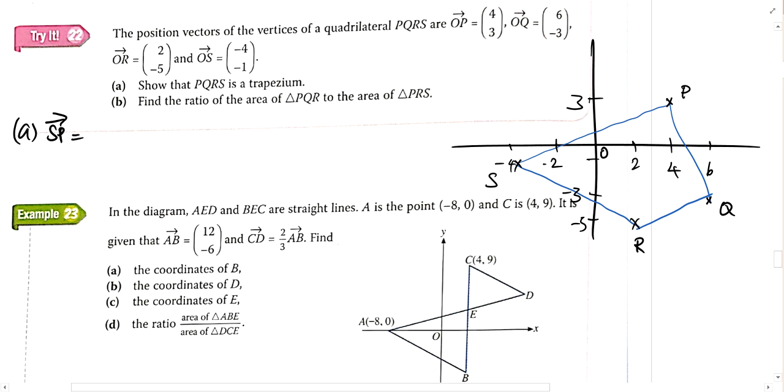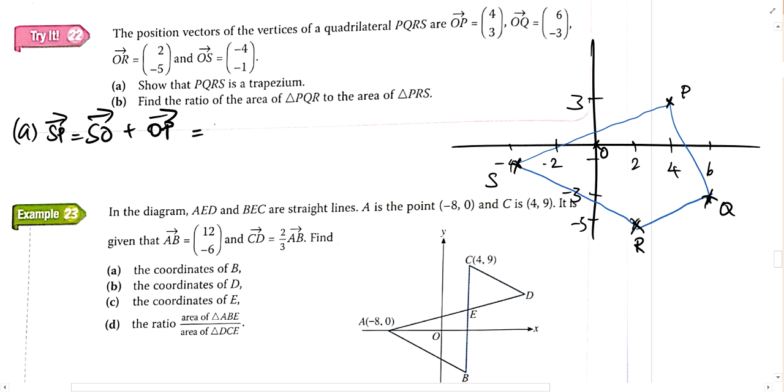There's an O here, which we have all the position vectors because of the reference point O. So SP, how do we rewrite it? What did he say? SO plus OP. And it is useful because we already have the position vectors.